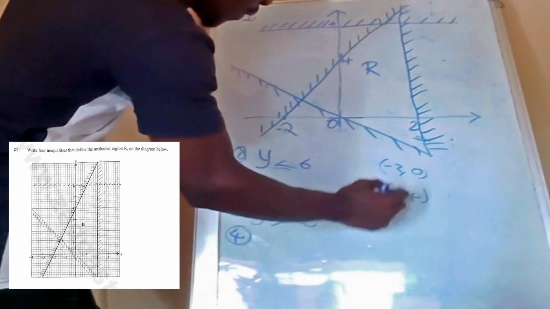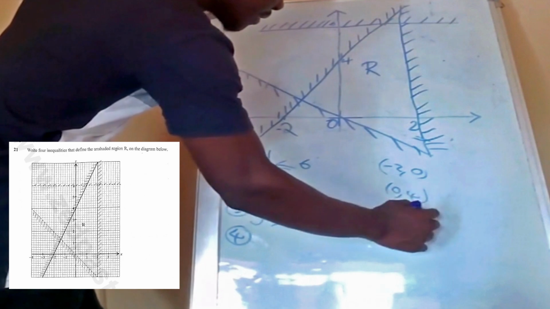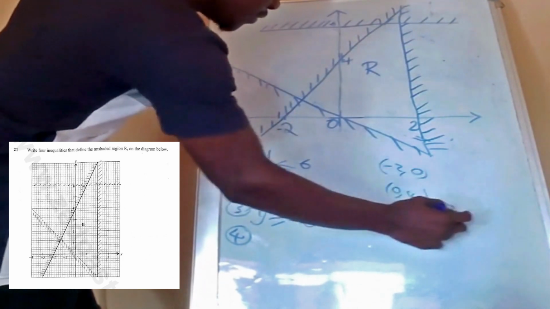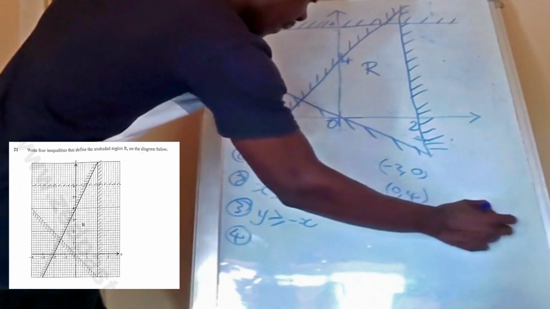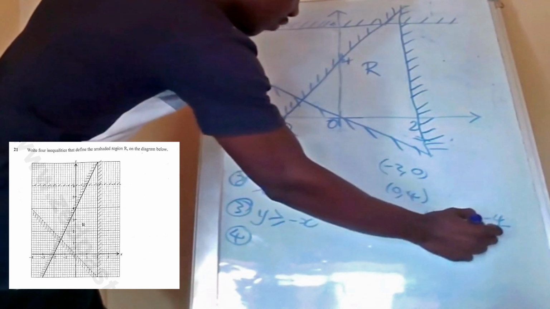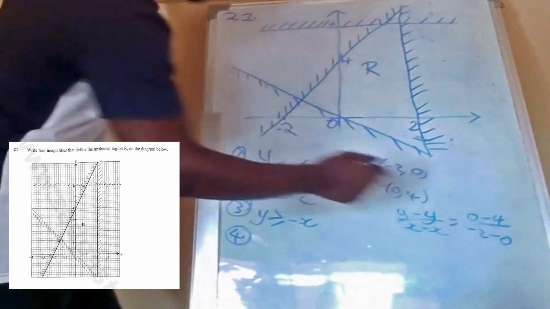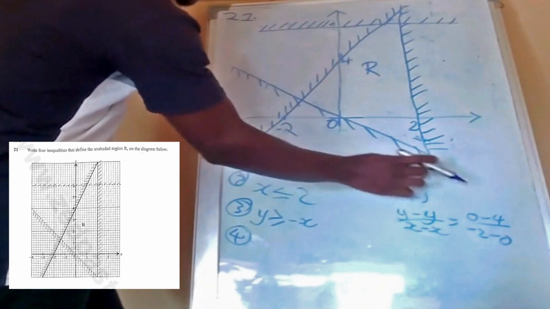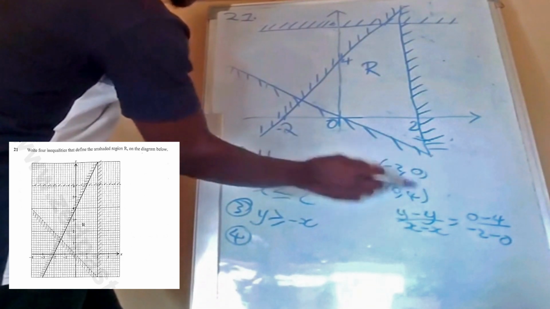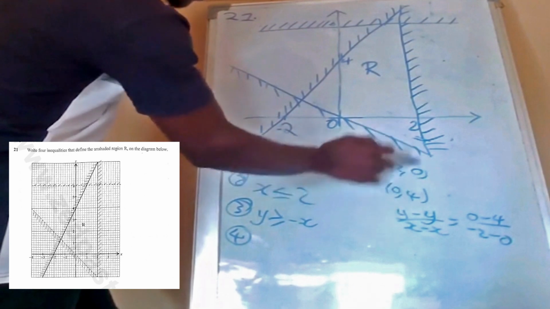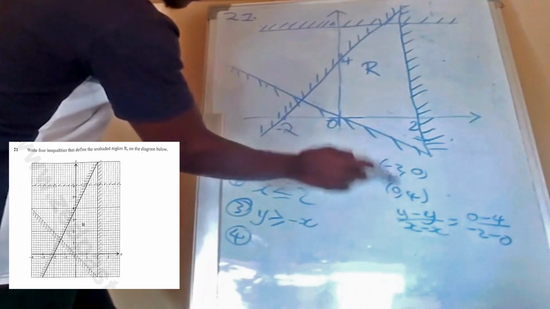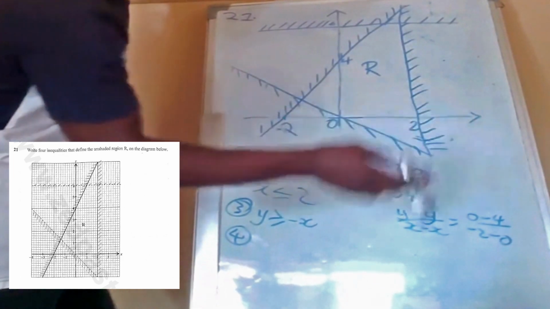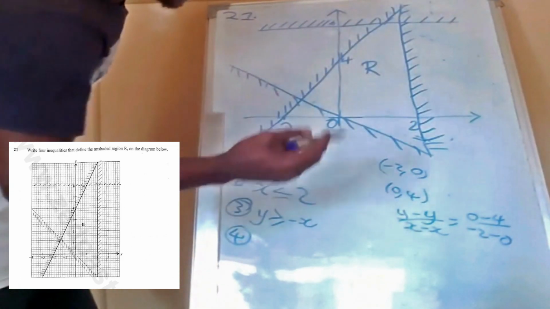To find the gradient, we'll say y minus y over x minus x. Which ones are y? 0 minus 4. Which ones are our x? Negative 2 minus 0. Take note of how I've written it: these are y's, these are x's. If you start from down to top, then keep that order.